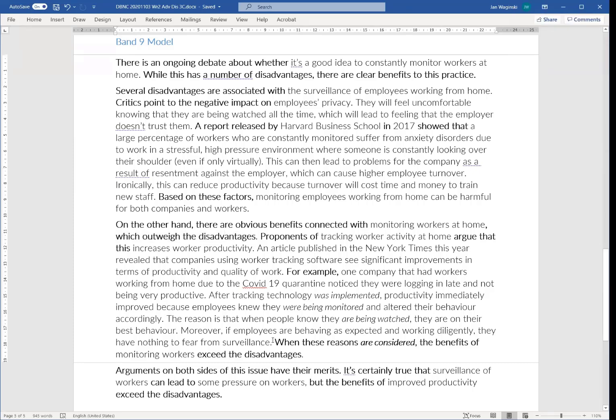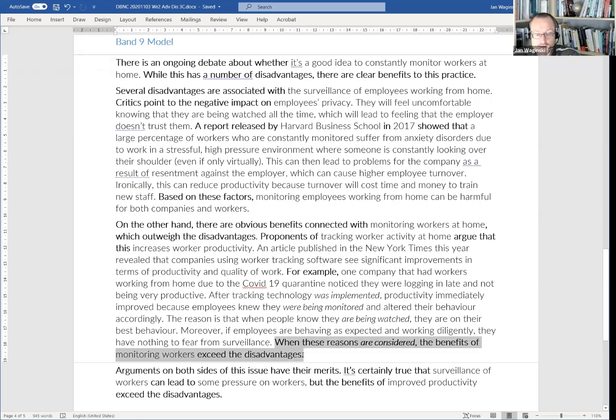What about in conclusion? Where is our opinion after "but"? Okay, in the conclusion, it's in several places. First of all, our opinion is in 1, 2, 3, 4 different places. Here at the top, while this has a number of disadvantages, so we're acknowledging one side, there are clear benefits to this practice. That's our opinion. Here, there are obvious benefits connected with monitoring workers at home, which outweigh the disadvantages.